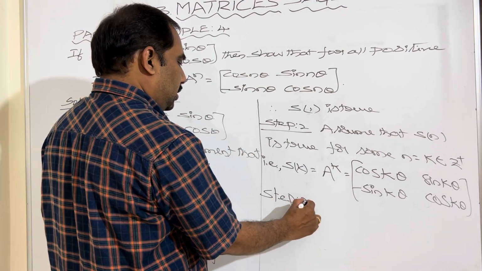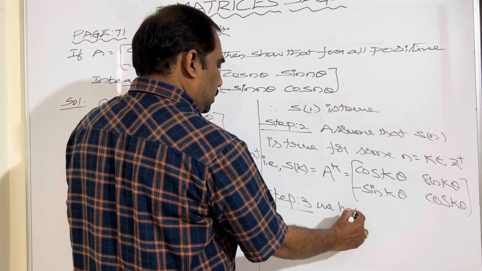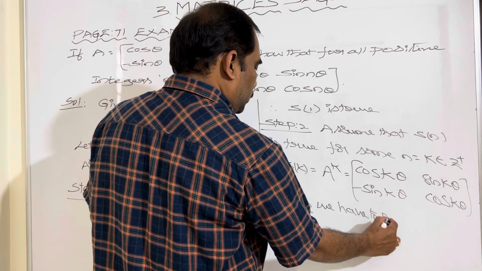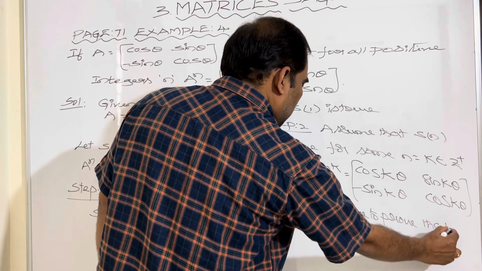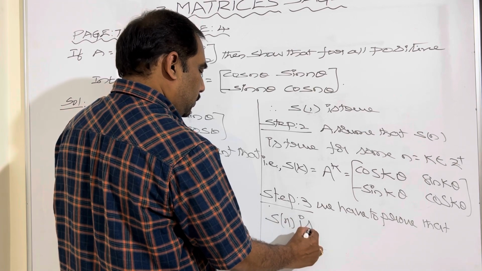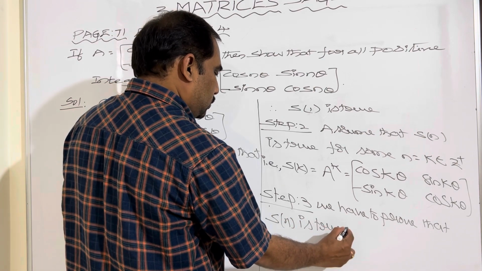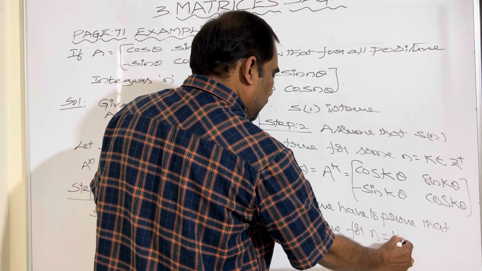Then finally in step 3, what we have to prove? We have to prove that the statement S of n is also true for n is equal to k plus 1.